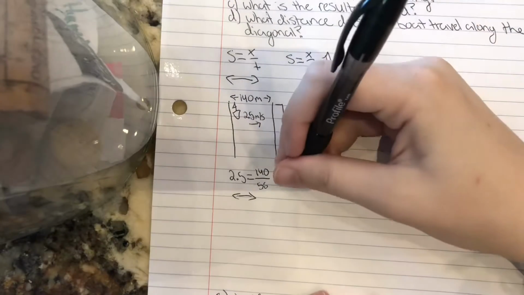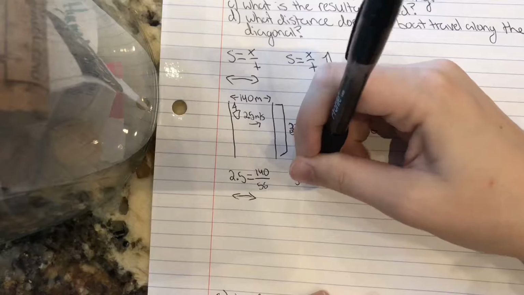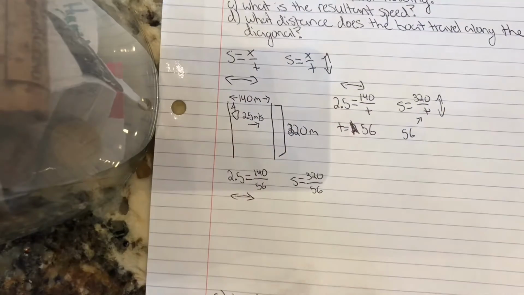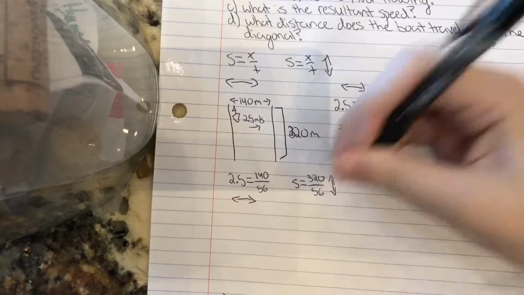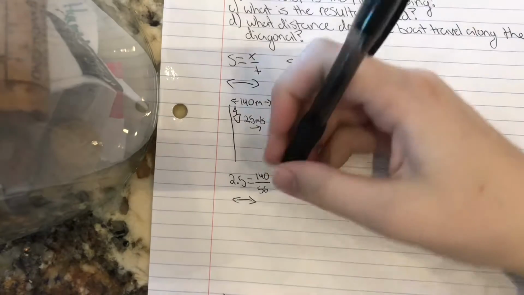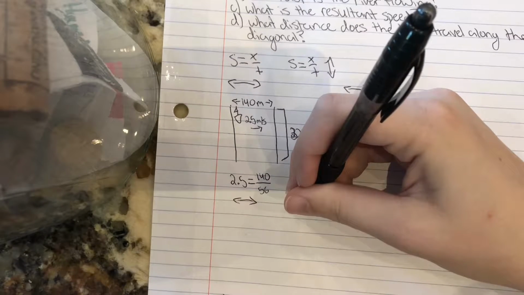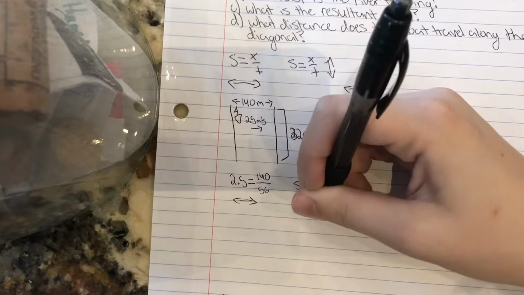And then s equals 320 over 56. And now since we only need s in the up and down equation, we can do 320 divided by 56 to find the speed, and that comes out to be s equals 5.71.